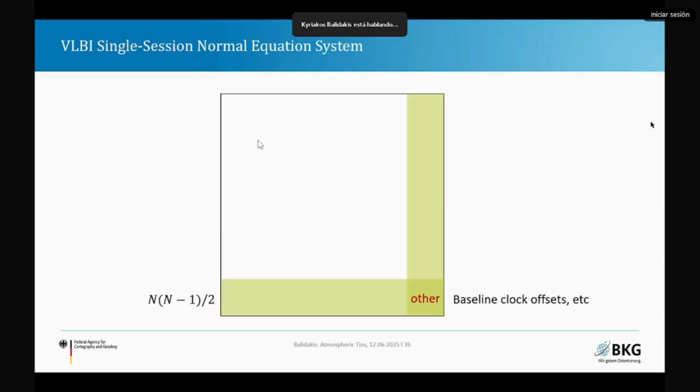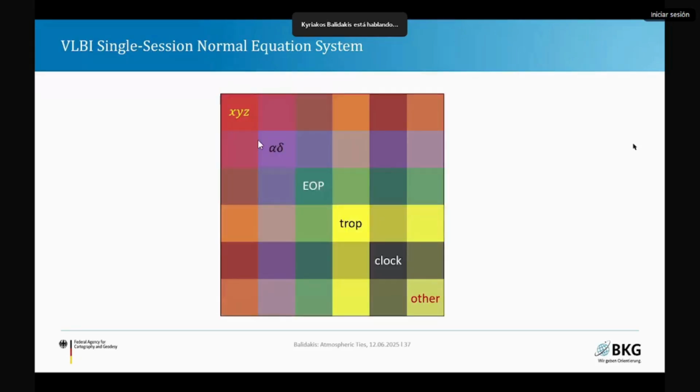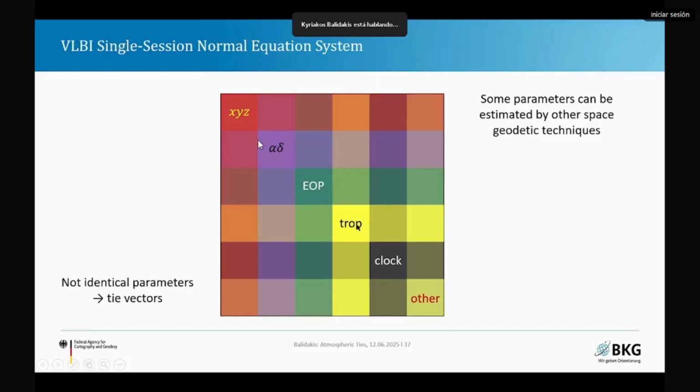There are also some other systematic effects that we need to take into account when analyzing VLBI data. So our normal equation matrix has these blocks, and some of these parameters are interesting for other techniques and can be derived by other techniques, such as the station coordinates, the Earth orientation parameters, and the tropospheric delays.